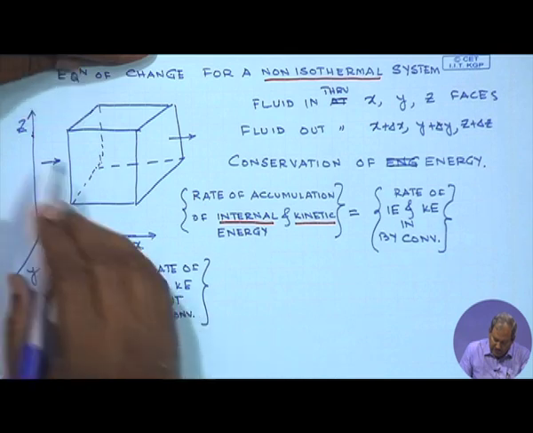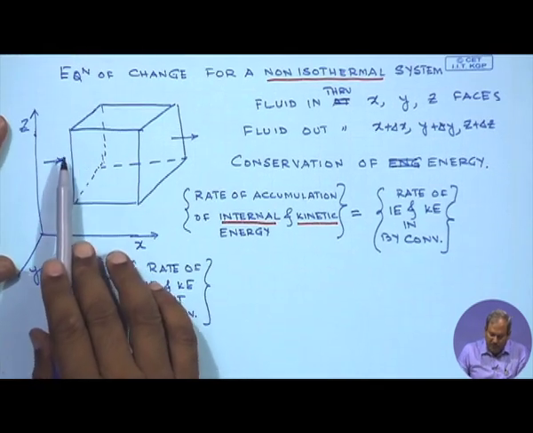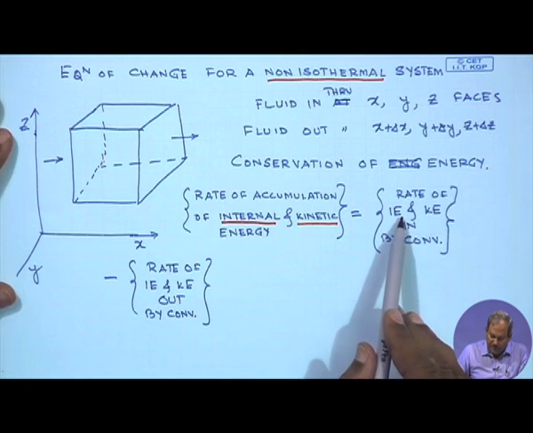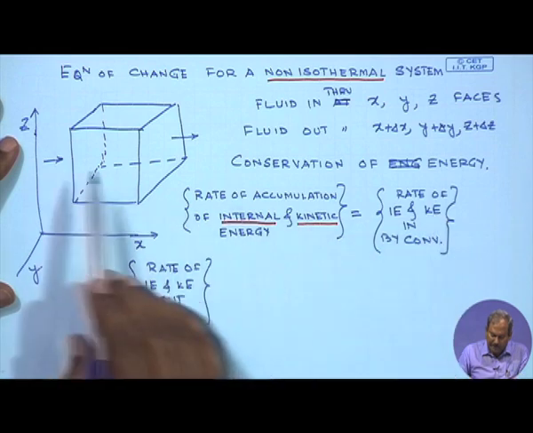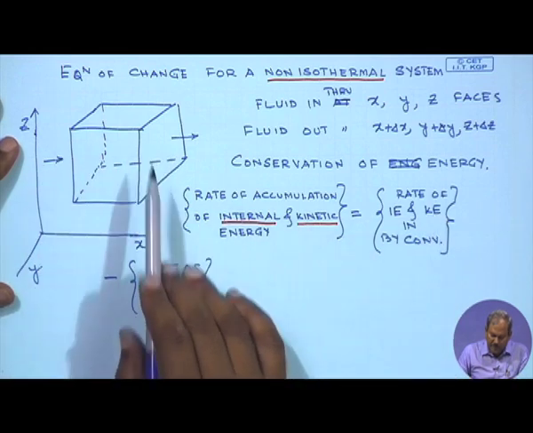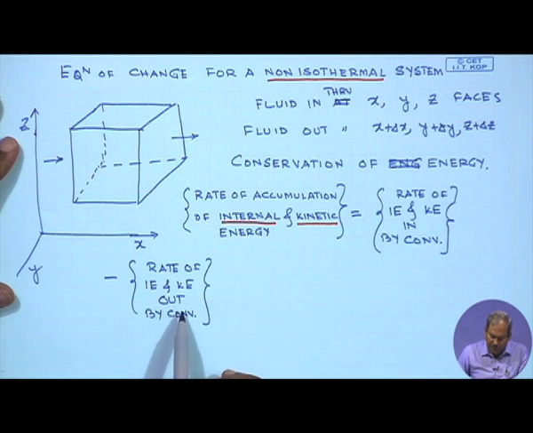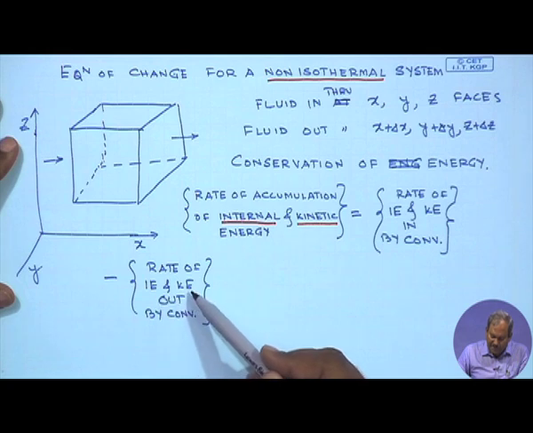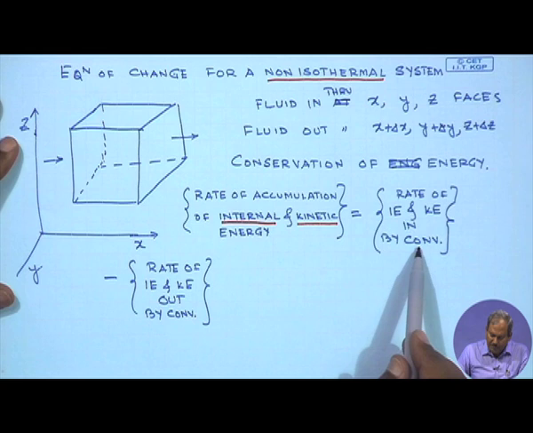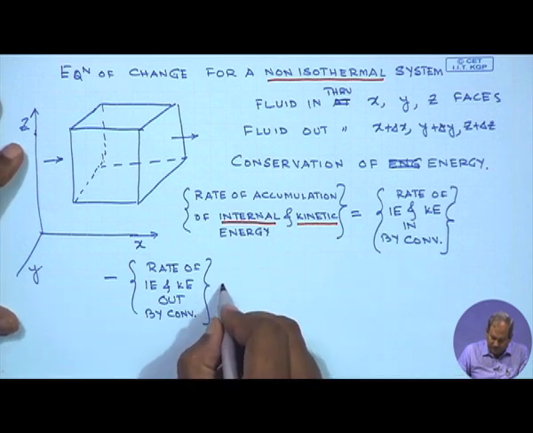So, since we have a flow, with the flow some amount of internal energy, and because of the flow some amount of kinetic energy is entering the control volume and also going out of the control volume. So, this is the net addition of internal and kinetic energy to the control volume because of convection.